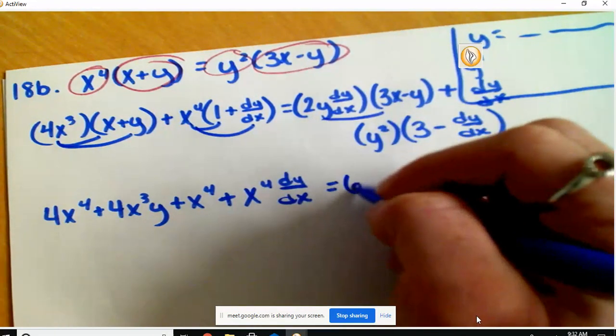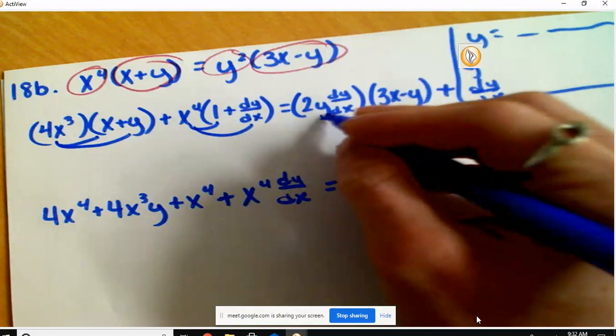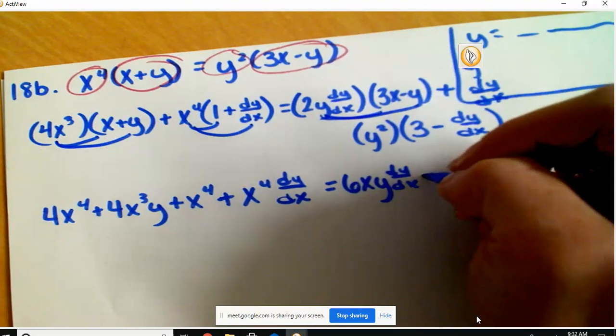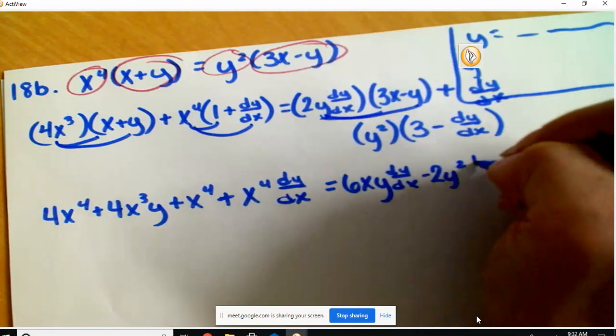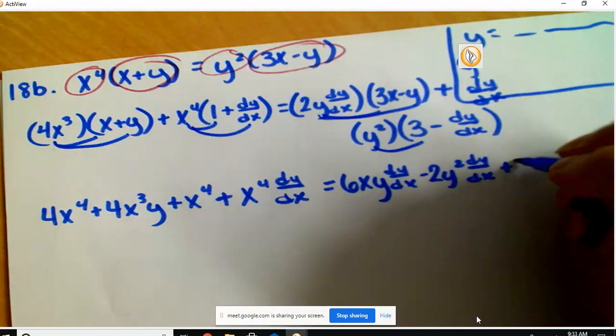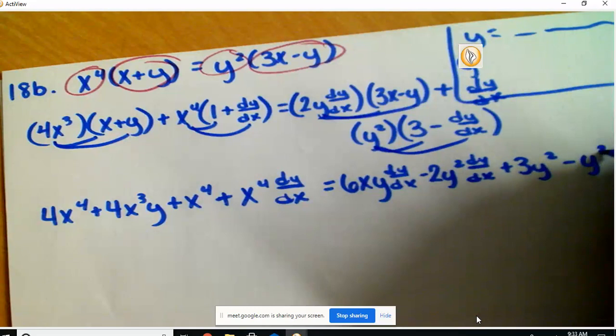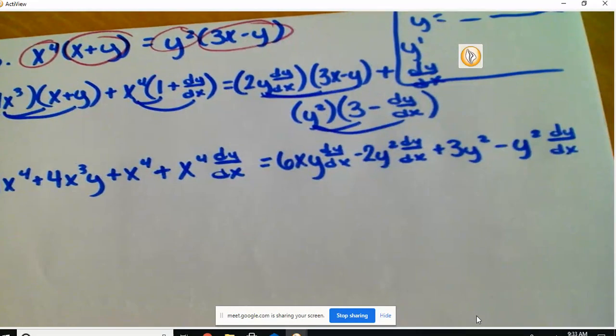Over here we get 6xy dy/dx minus 2y squared dy/dx plus 3y squared minus y squared dy/dx.